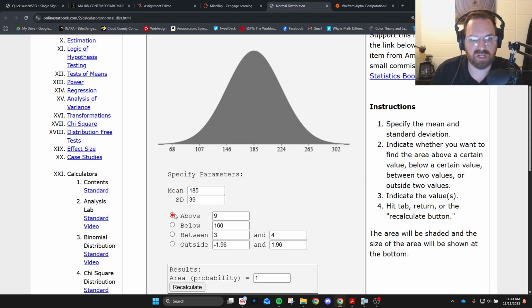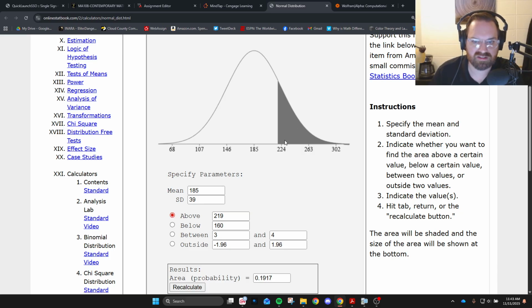So if I go above 219 and I click out of it, you'll see the curve fill in where the 219 lives. Everything that's above it, so it's indicating all the data that sits right here. And you'll notice the area is a probability.